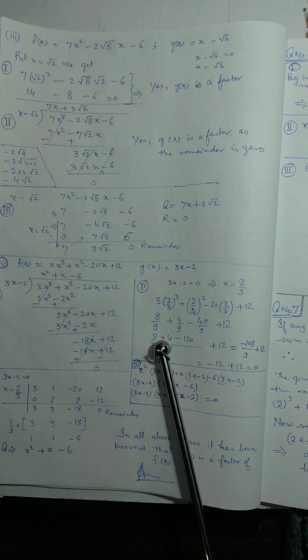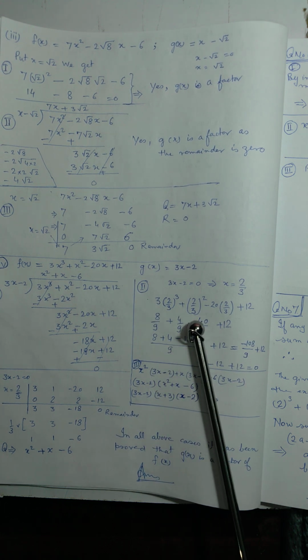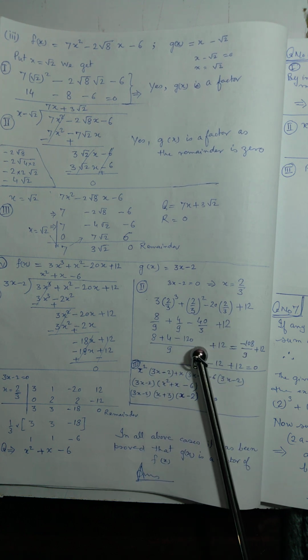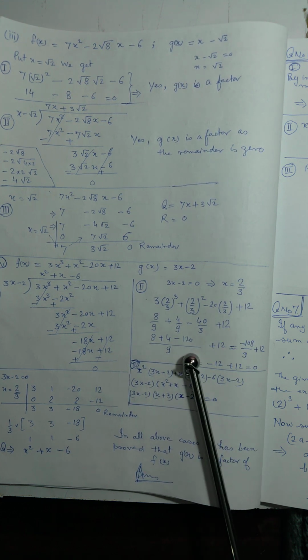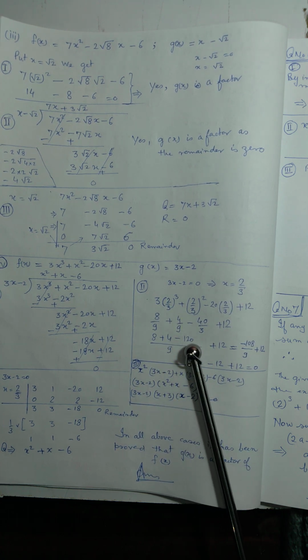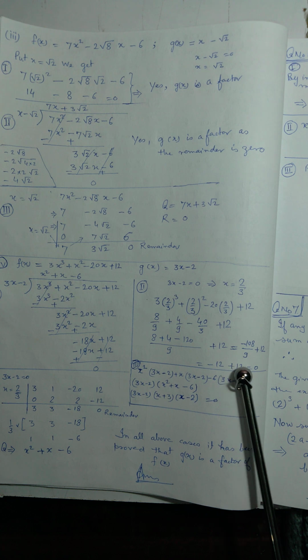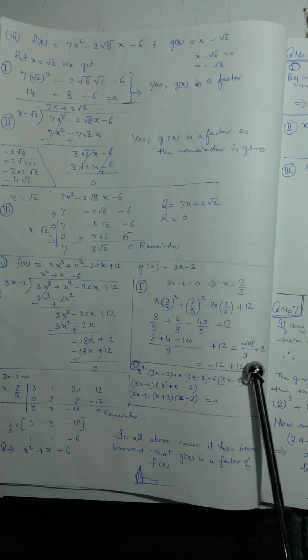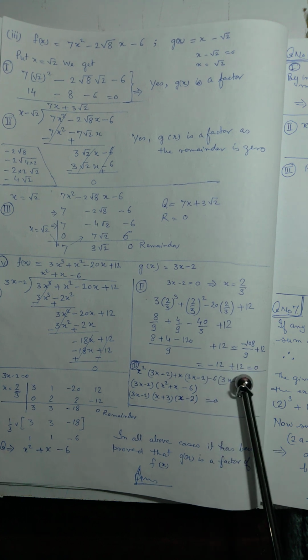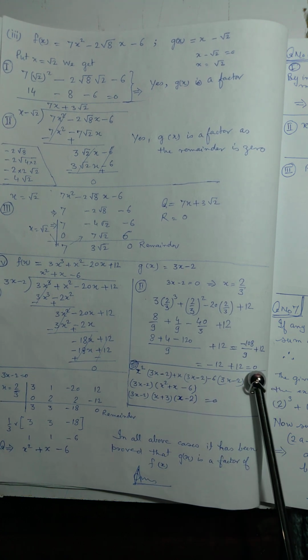So it will be 8 by 9, 4 by 9, this will be 40 by 3 plus 12. Now solve this fractional part, after solving you will get minus 108 by 9, and you further solve it, you will get minus 12 plus 12, that is equal to 0.